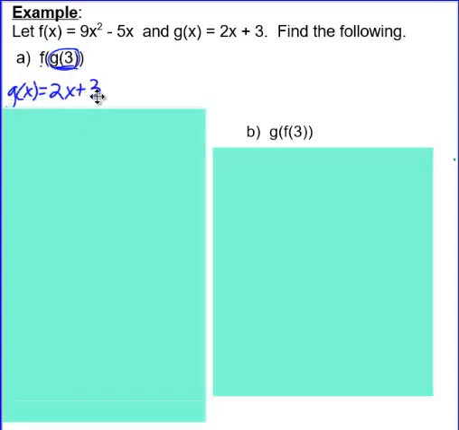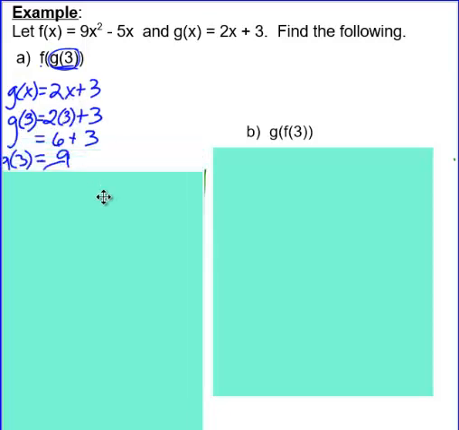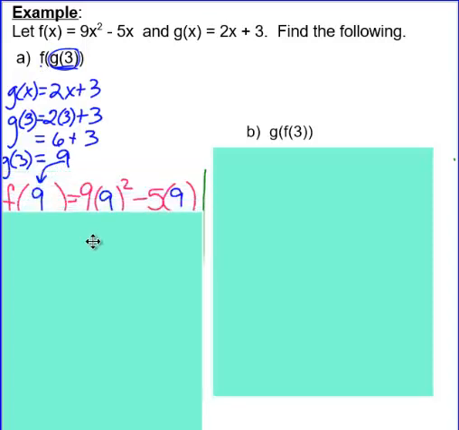So I have my g of x is 2x plus 3 from up here. And I'm going to plug the 3 into the x spot and then evaluate, right-hand side only. And that gets me g of 3 is 9. Then that goes into the f function. So then I put the 9 into the f function.